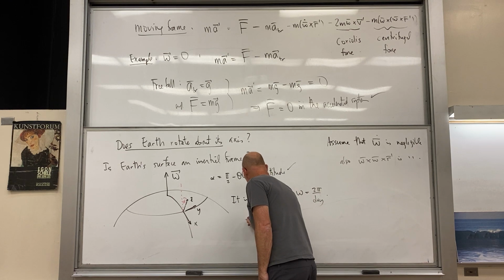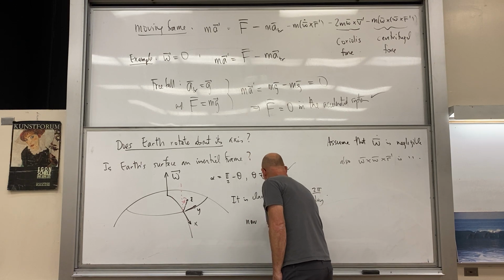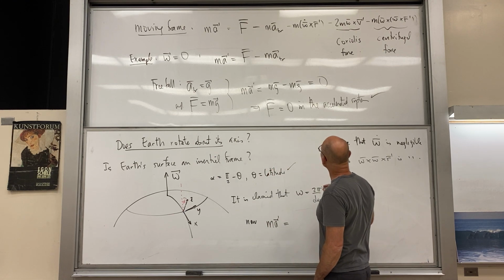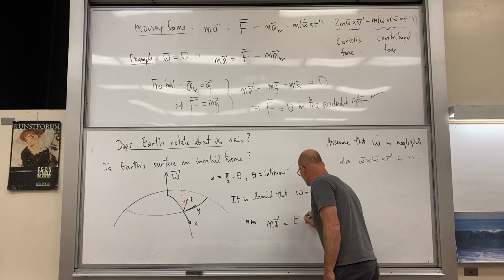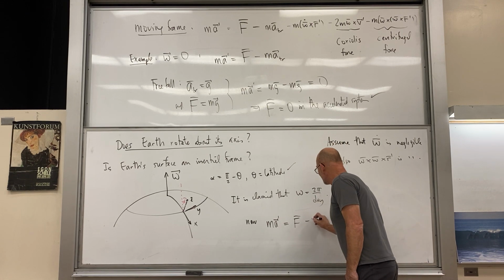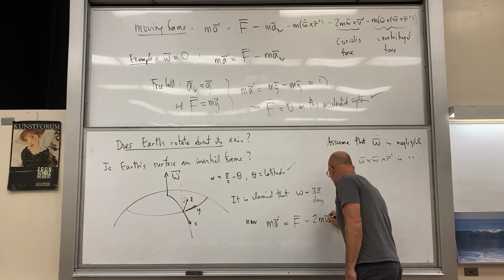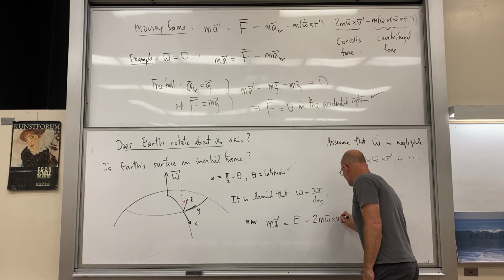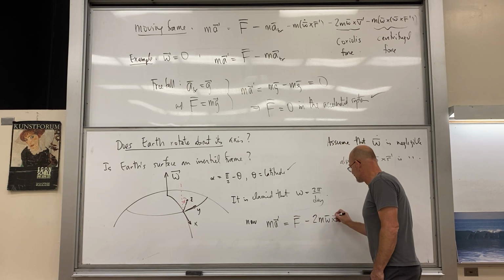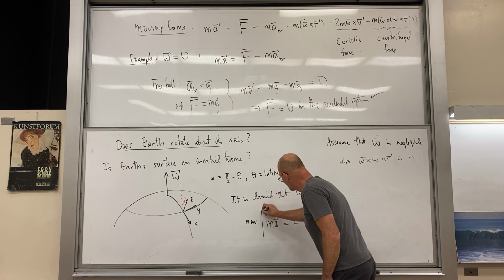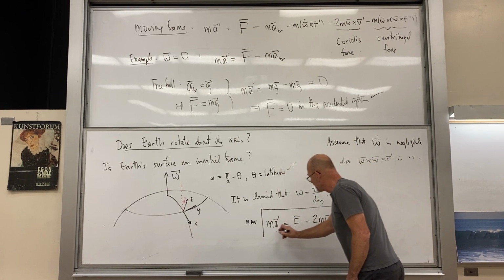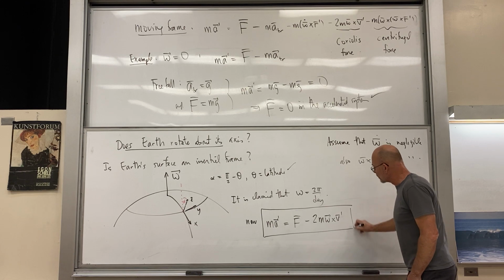Now we have m a prime is equal to F minus 2m omega cross b prime. So that's going to be our equation.